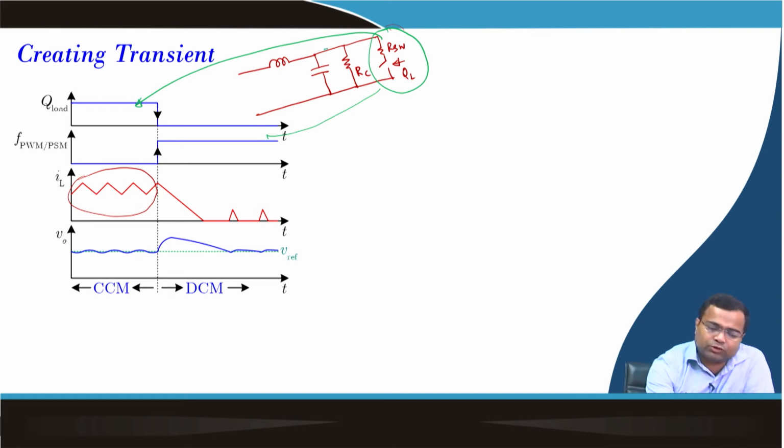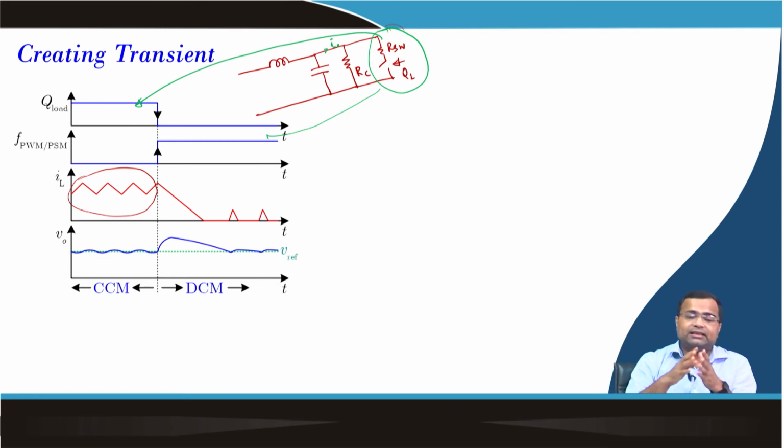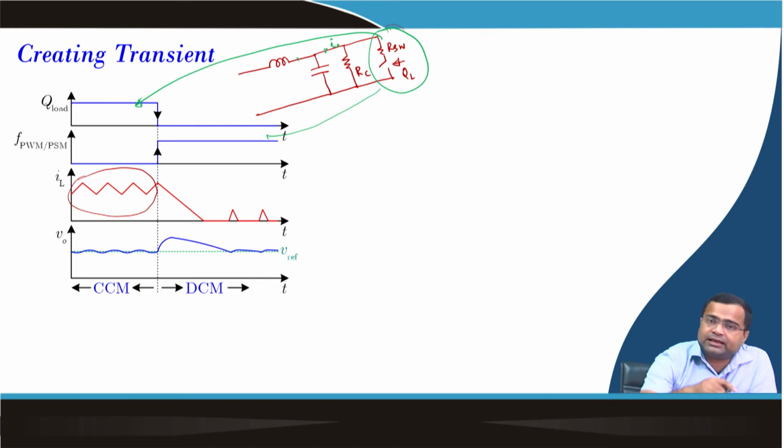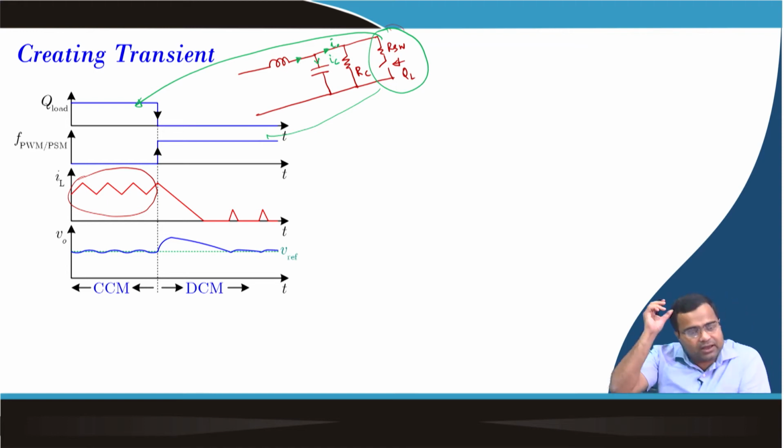Now, since the total load current will decrease because this low resistance path is removed, but the inductor current was high, you have more current coming in from the inductor than the current going out of the capacitor. So the effective capacitor current will become large positive, because suddenly you have removed the load, and this will cause an overshoot.